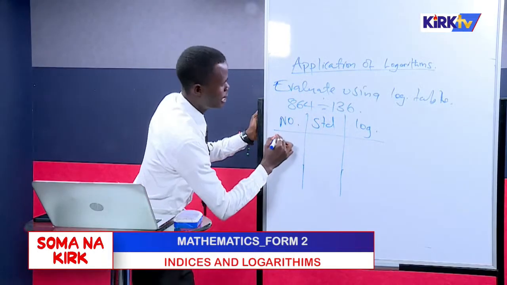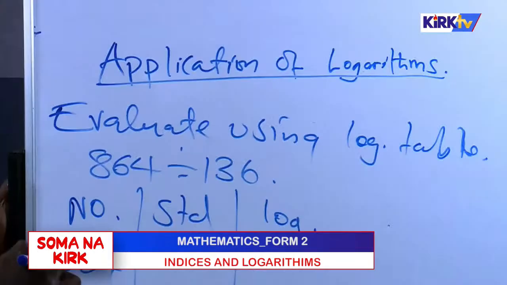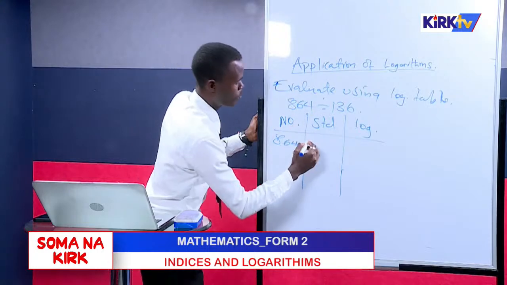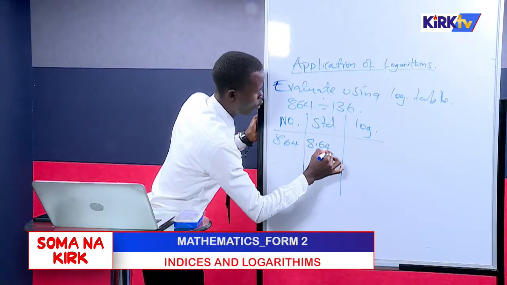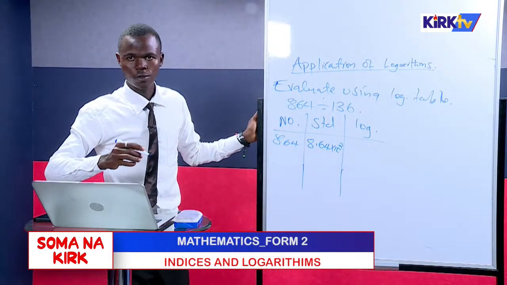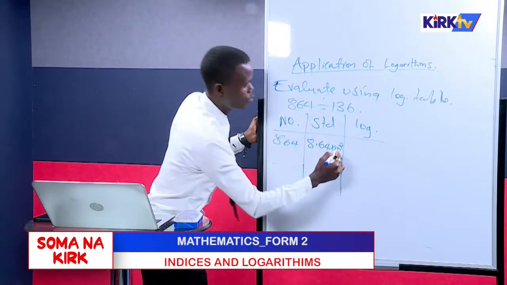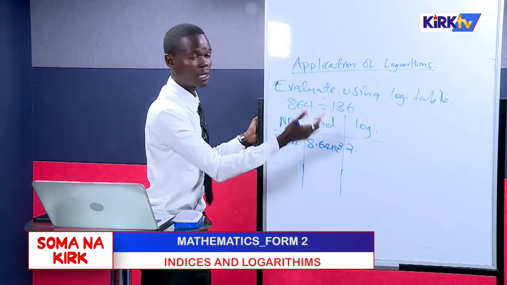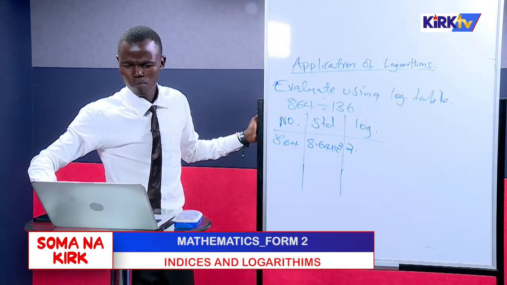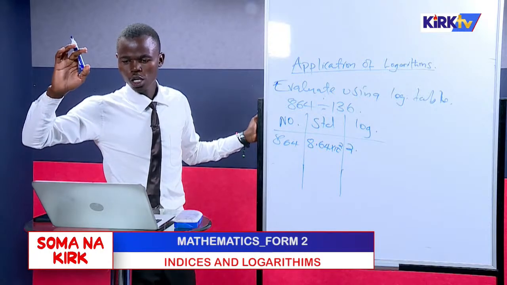So the first number is 864. Now we change this into standard form, starting from the right coming to the left. It will be 8.64 times 10 raised to power 2. Now this will be 2 point. I'm starting with the 2 because 2 is the power.